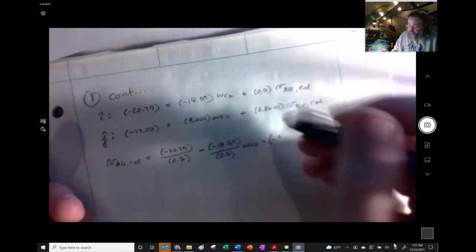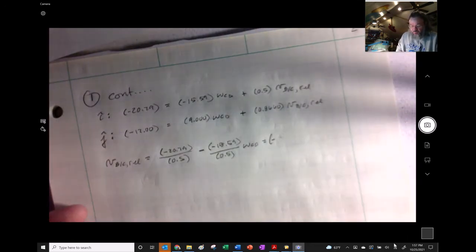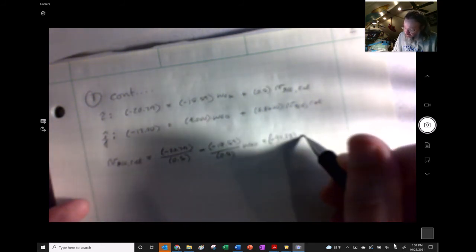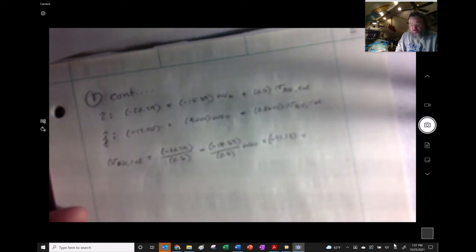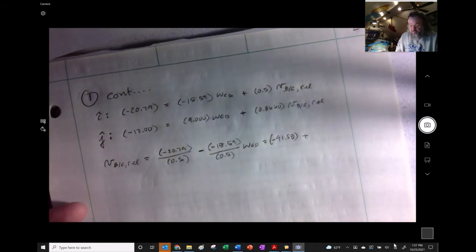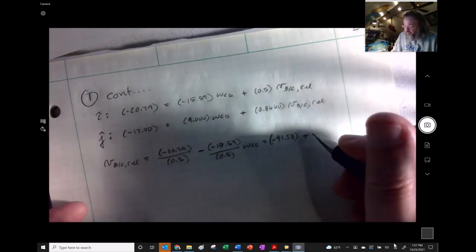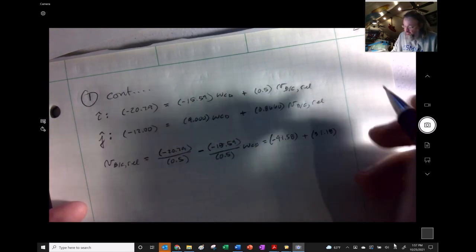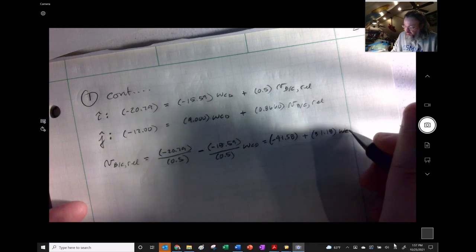Didn't do that right. 20.79, there you go. Negative 41.58, and then we're going to have a plus, that's divided by 0.5 as well, so that's a plus 31.18 omega CD.